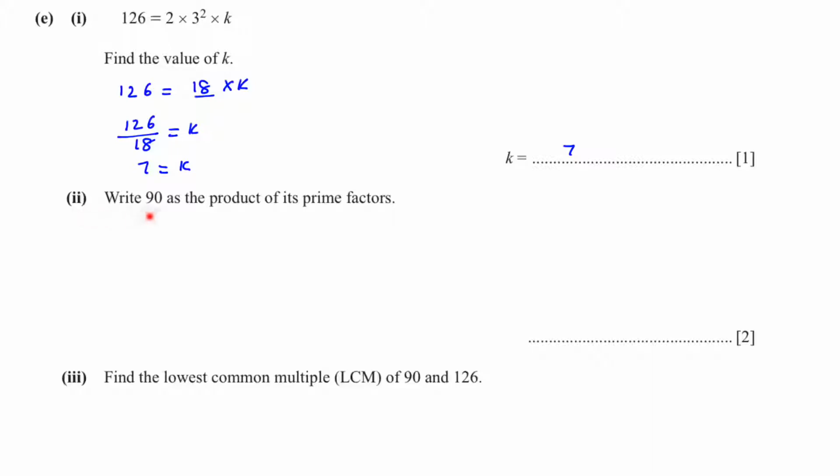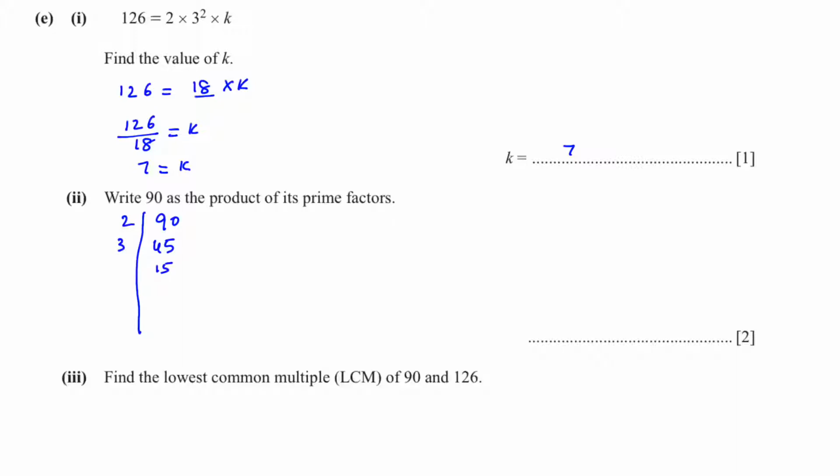Next question, write 90 as the product of its prime factors. You can either make the prime factor tree or do it like this. Divide 90 by prime numbers. 90 divided by 2 is 45. 45 can be divided by 3 and we will get 15.